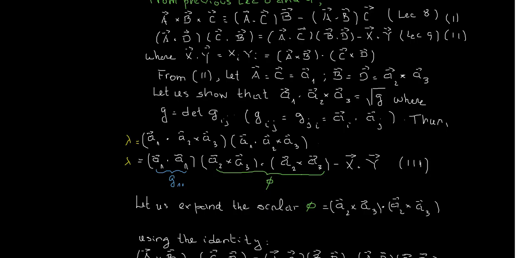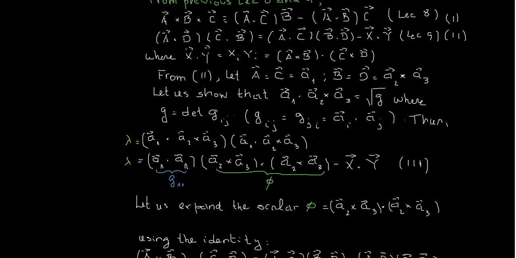X is A cross B, y is C cross D. Don't forget that I'm substituting A equal C, B equal D in this relation. So, let's expand this scalar phi.